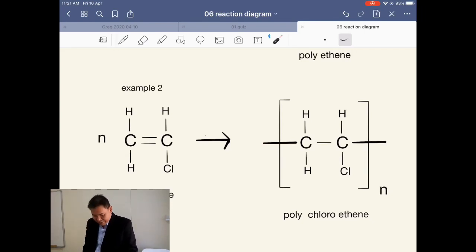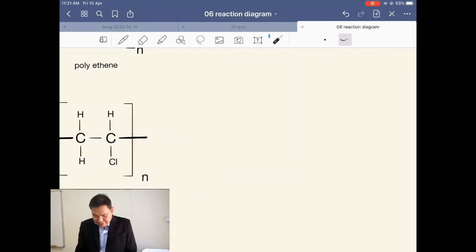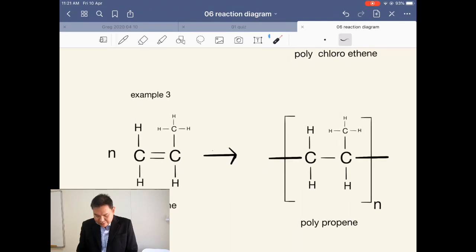Okay. Another example is propene. Propene has 3 carbons, so 2 carbons like this, and one of the R. R1 is H. R2 also H. R3 is CH3.